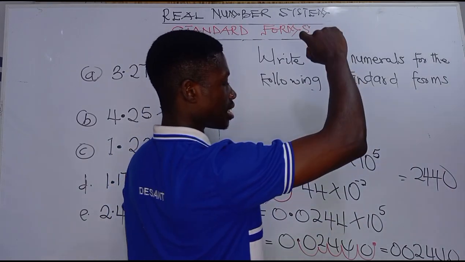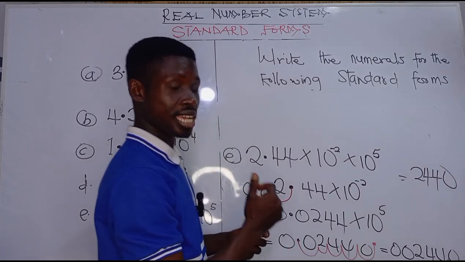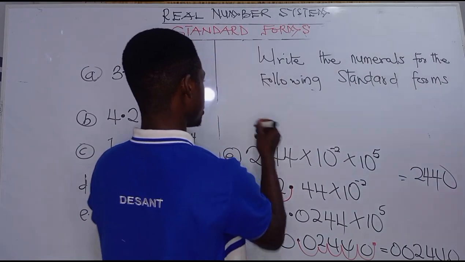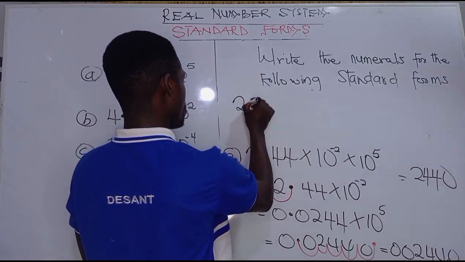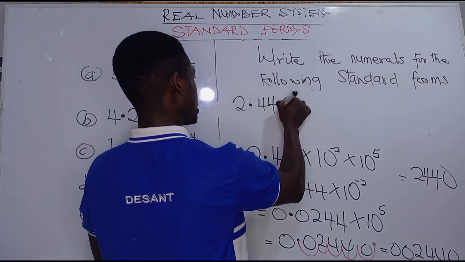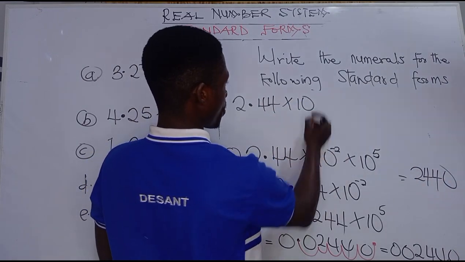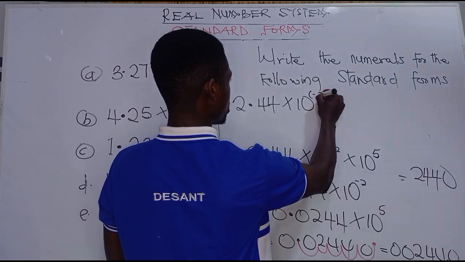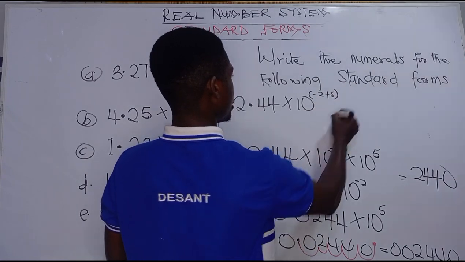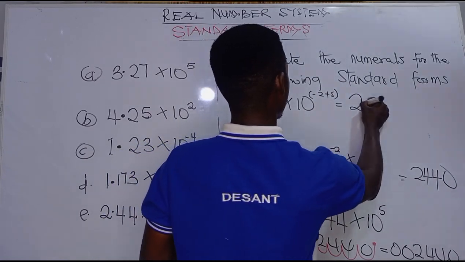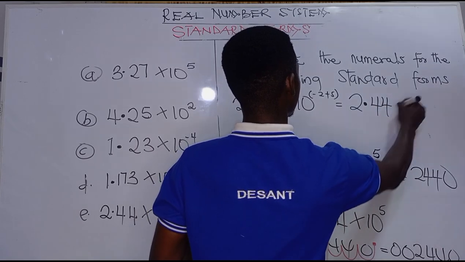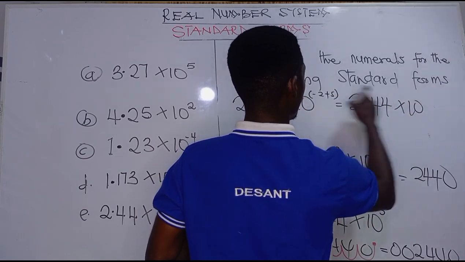We pick one of the base and then we add their exponent. So this is going to be 2.44 times 10, indices, we have minus 2 plus 5. And this gives us 2.44 times 10 raised to the power 3.